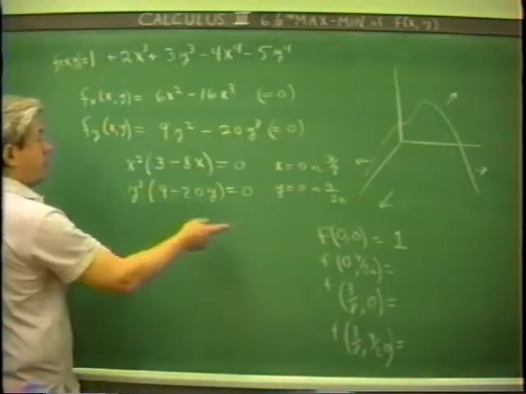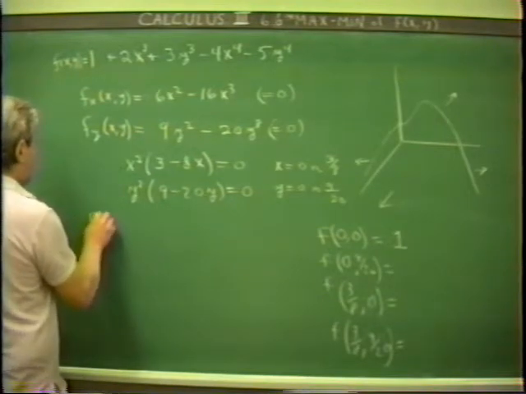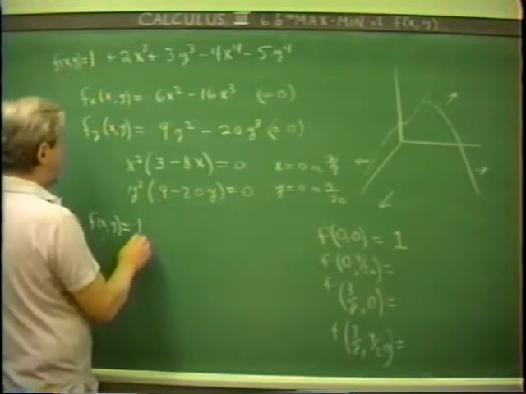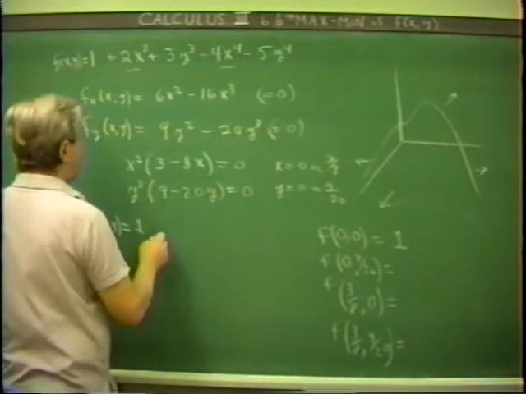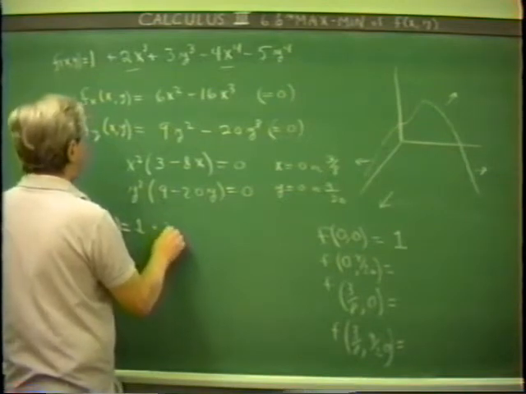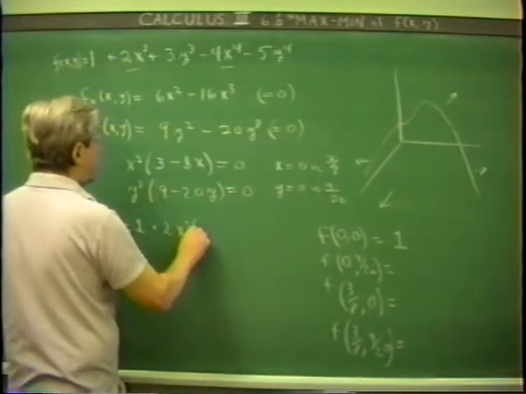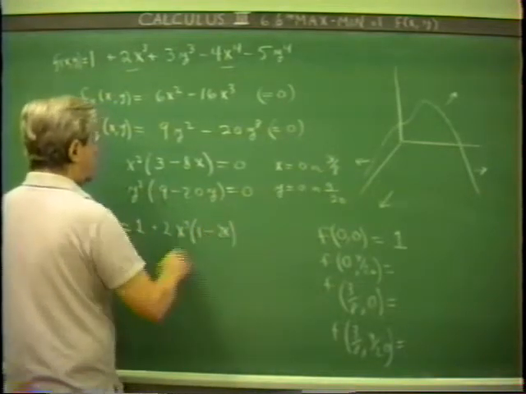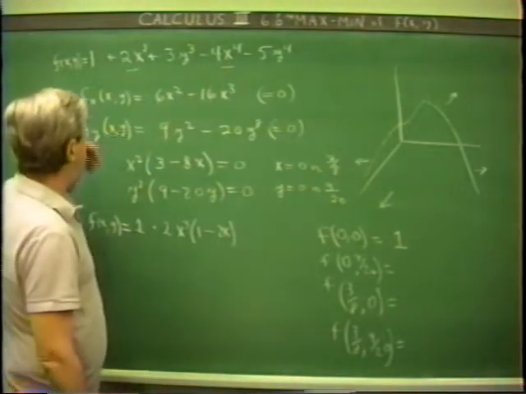Let's take a look at the situation, though, rather than just calculating this, because the arithmetic would certainly be complicated here on the board. f of x and y is equal to 1. Now, if I collect the x terms together here, I've got plus 2 times x cubed times 1 minus 2x.